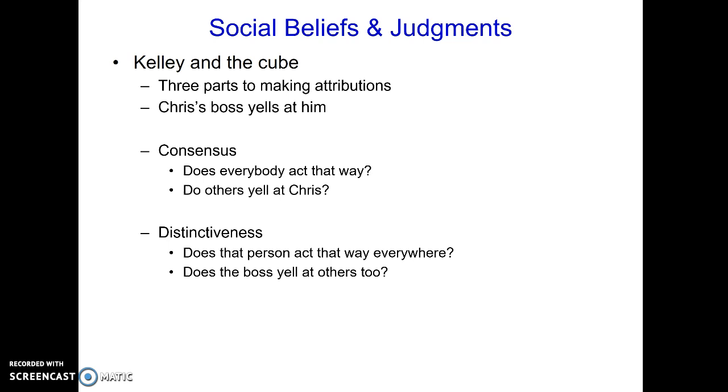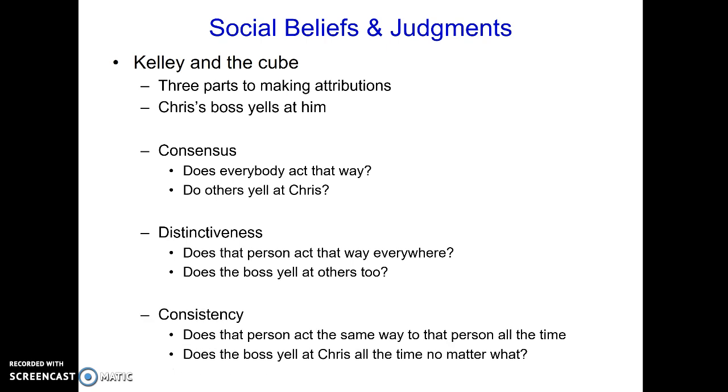Low distinctiveness means that it is not distinct to me. So that would mean Kathy Kane yells at all employees, not just Chris. If it's high, that means it is distinct to me. So Kathy Kane only yells at me, high distinctiveness.